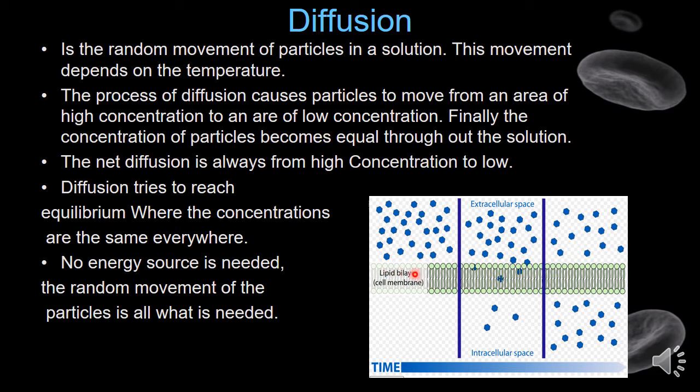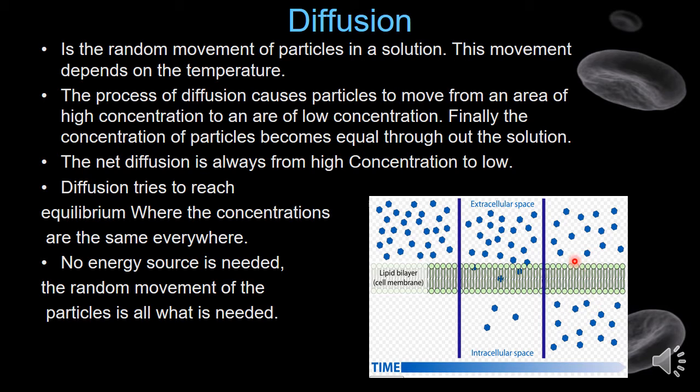When we have a barrier such as a cell membrane, with particles at one side in large concentration and on the other side the concentration lower, the net movement of the substance will be from high concentration to low concentration, as you can see. The movement of the particles will continue until the concentration of particles is equal on both sides, here and there.